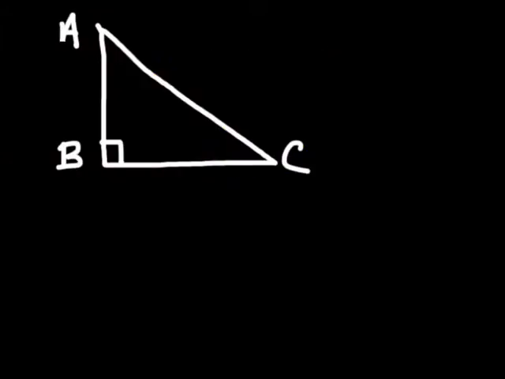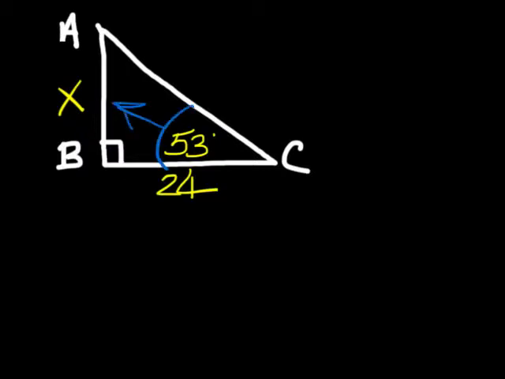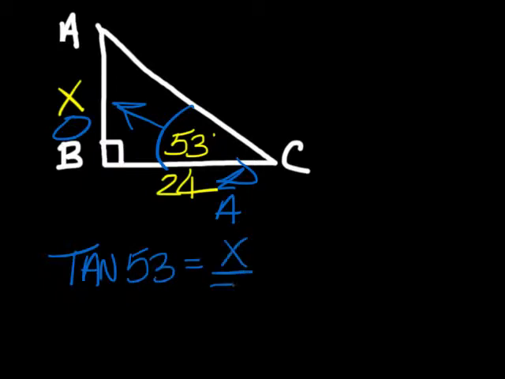Practice problem number 1. Here's your information. This is 53 degrees. This is x. This is 24. Solve for x, round to the tenths place. The solution for the practice problem, this side is opposite and this side is adjacent. That means it's tangent. 53 degrees equals x over 24.